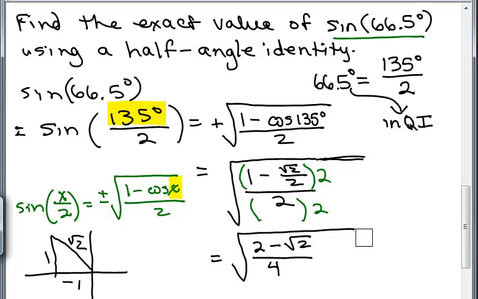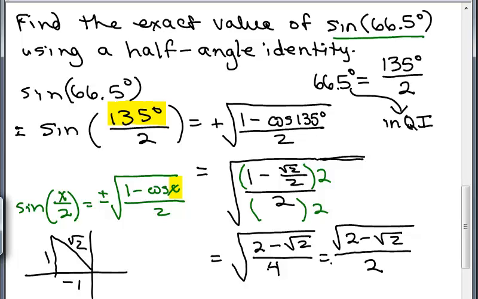Let's try to get this all on one page. So in the numerator, I just have the square root of 2 plus square root of 2. And in the denominator, square root of 4 is simply 2.